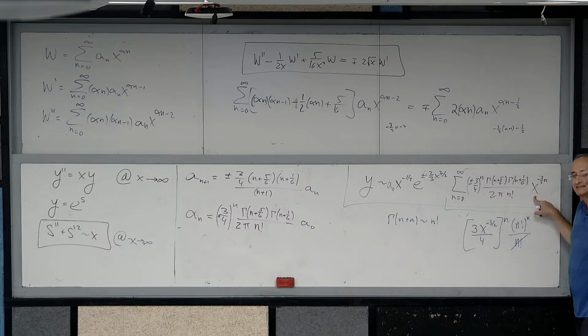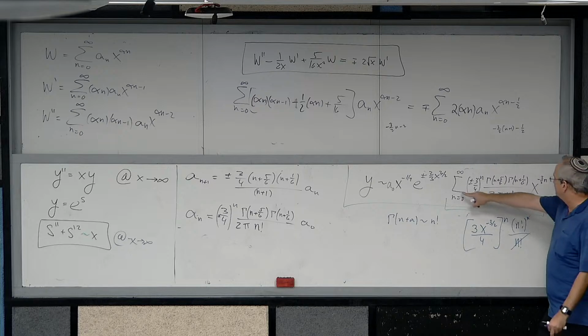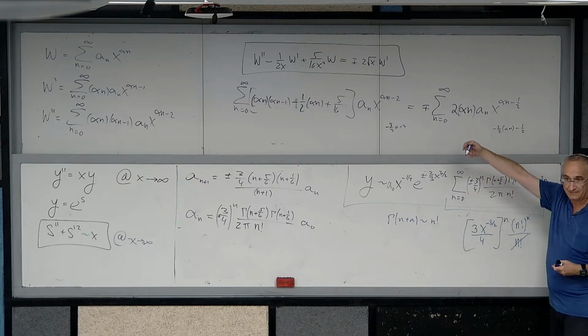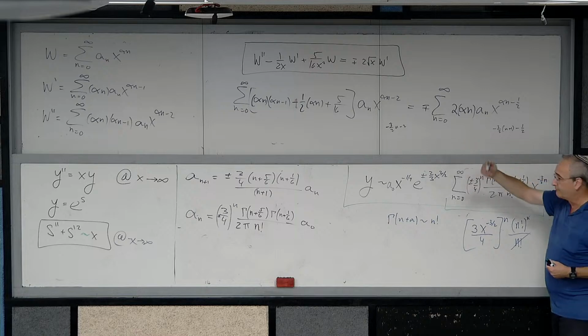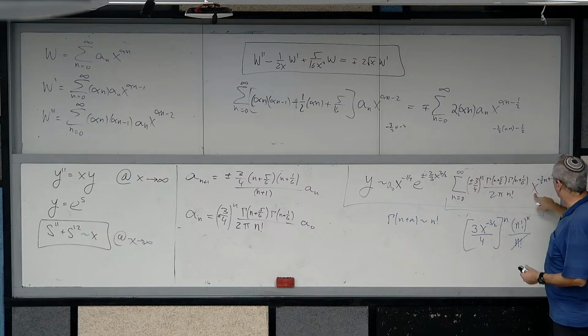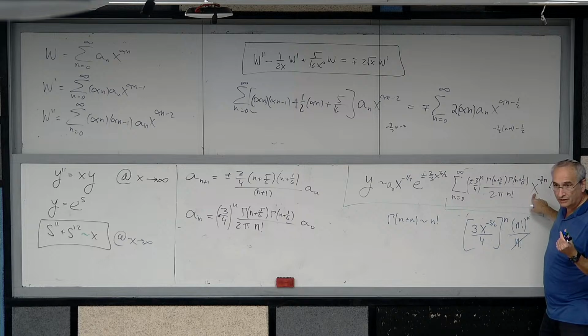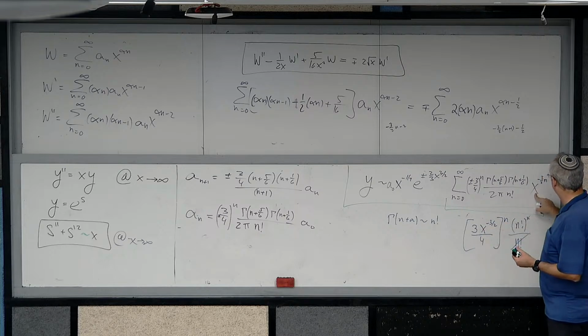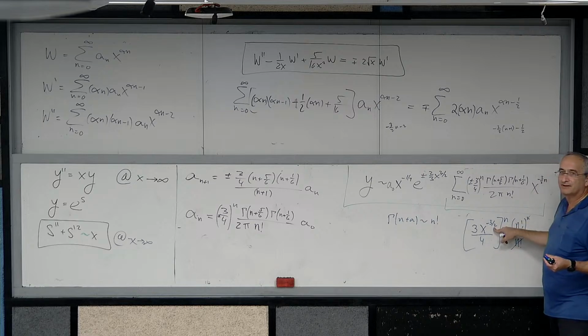For every fixed x, the terms in this series are going to grow eventually. Of course, if I take x equals 1000, or x equals 1,000,000, then I will get a very small term at first.